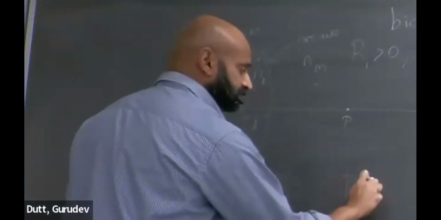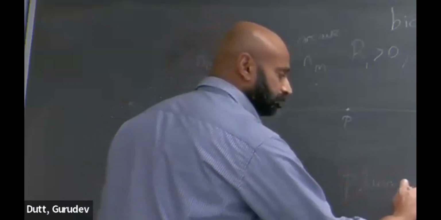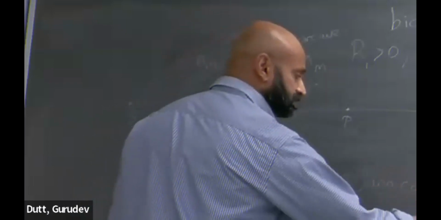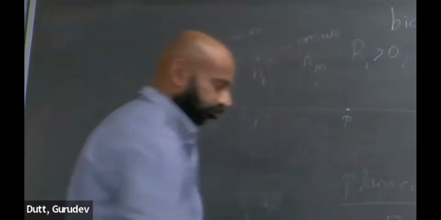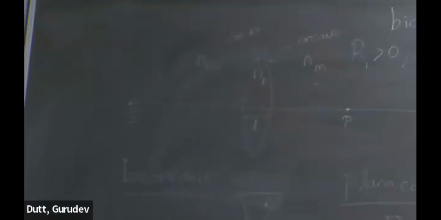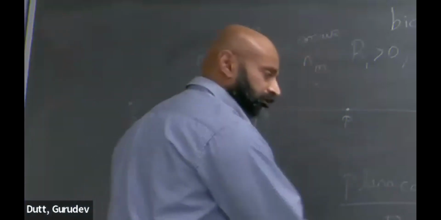Sorry, my drawing is a little crappy, but that's a biconcave lens. Then we have some very useful lenses, it turns out, for laser beams actually: the plano-convex lens, where one side is flat and the other side is curved. So that's a plano-convex lens. And then you also have the plano-concave lens.